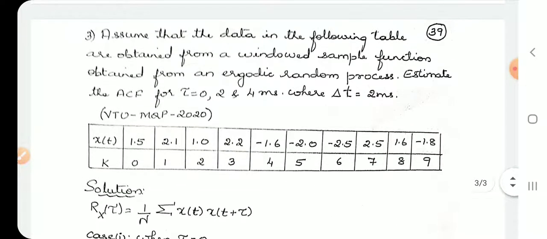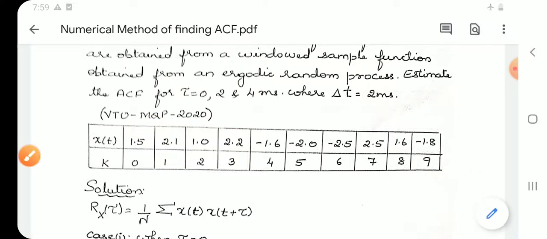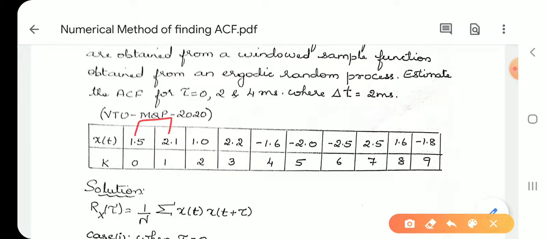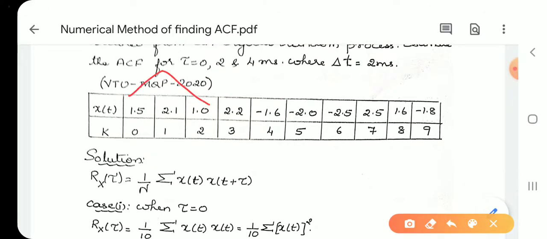Next, for tau is equal to 4. As already seen, each term is taken at a time interval of 2. From first to second the time interval is 2 minutes, from here to third again 2 minutes. That means from first to third, the time interval will be 4 minutes. So if we want the value of x of t at a time interval of 4 minutes, we have to take first and third, second and fourth, third and fifth, fourth and sixth, like that.